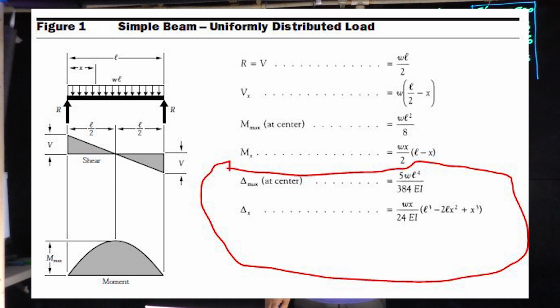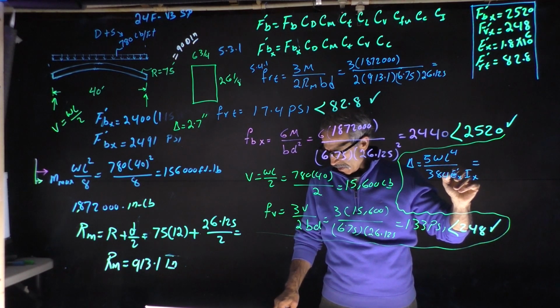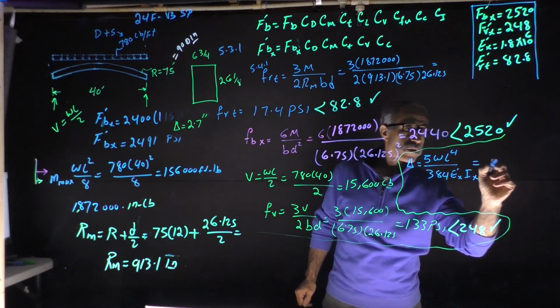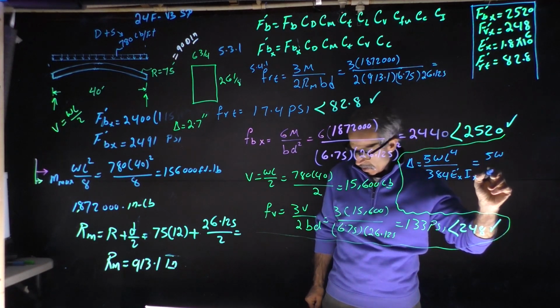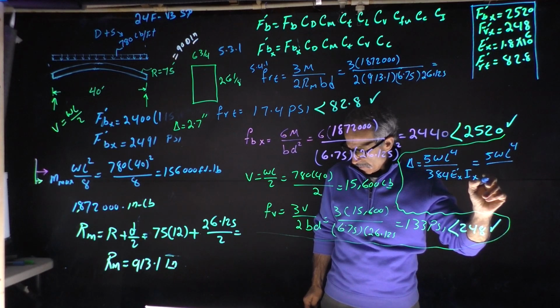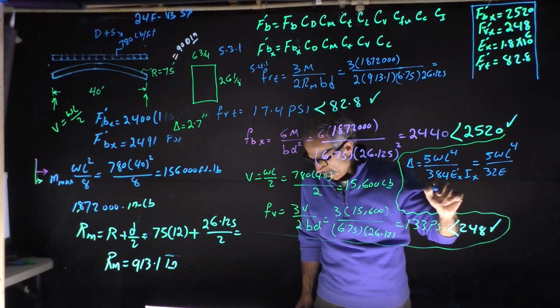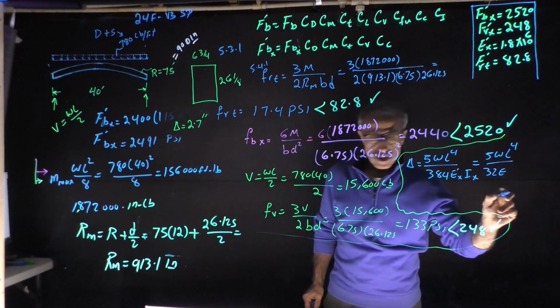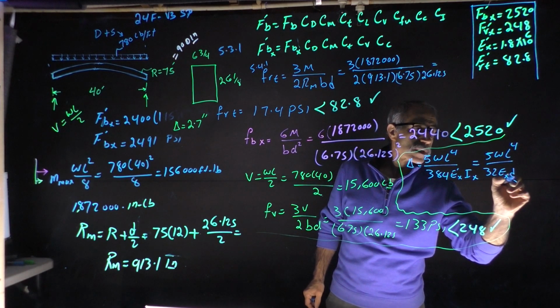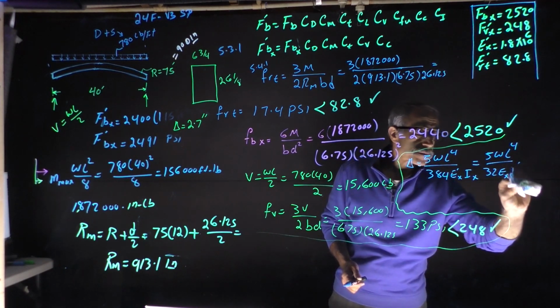Or we can just say from section 5.4-4, we can write 5W L^4, divided by 32 E X BD cube. BD cube.